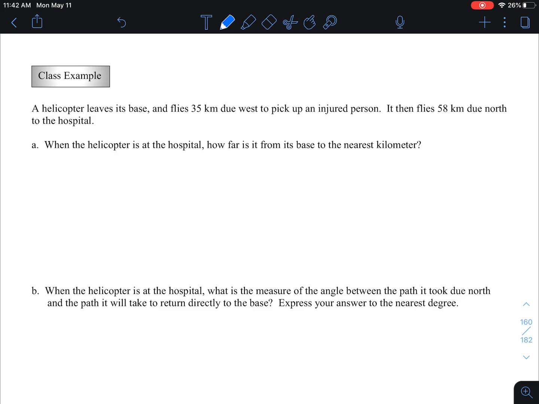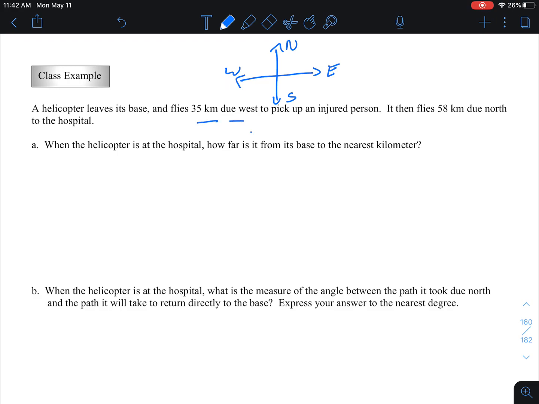So we've got a helicopter that leaves its base and flies. Before we even really talk about this, let's remember this. Kind of think of a compass here, right? You got never enter smelly washrooms, northeast, southwest. Okay, so we're going to use that idea to help us with our directions. So first, this helicopter is going to fly 35 kilometers due west.